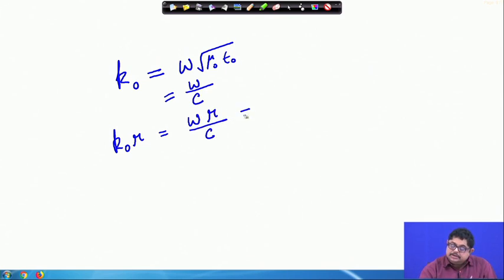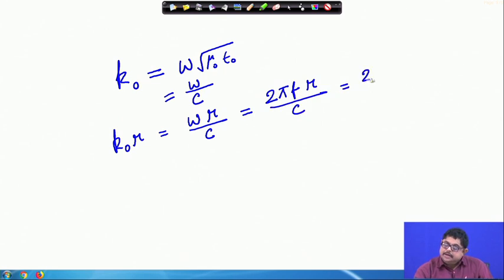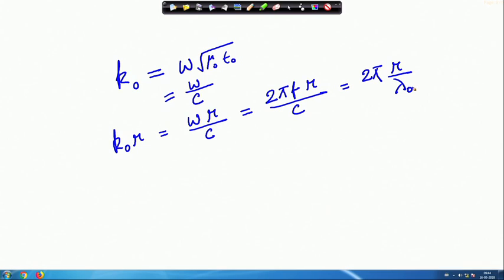Now, omega is angular frequency, so I can write it in terms of the frequency as 2 pi f r by c. Again f by c is 1 by lambda, so it is 2 pi r by lambda naught, where lambda naught is the wavelength corresponding to the operating frequency.